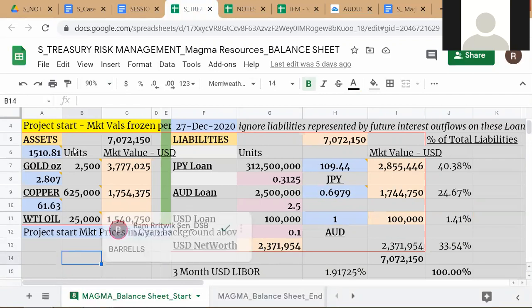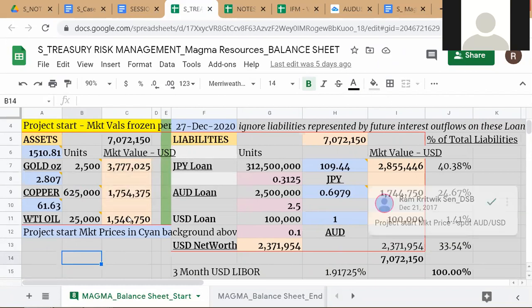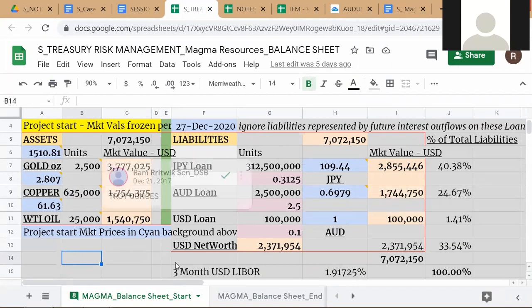Like the price of land, real estate in Tokyo is not going to affect anything on this balance sheet. So you don't worry about that. Even though these guys actually might be based in Tokyo, the price of real estate is not really going to affect their balance sheet, at least not in the short term.